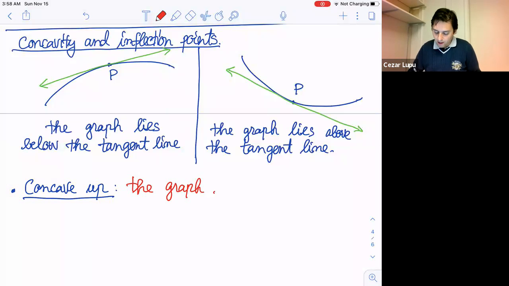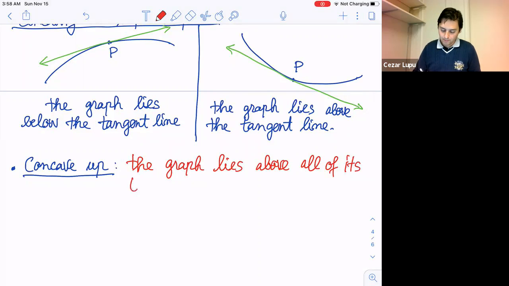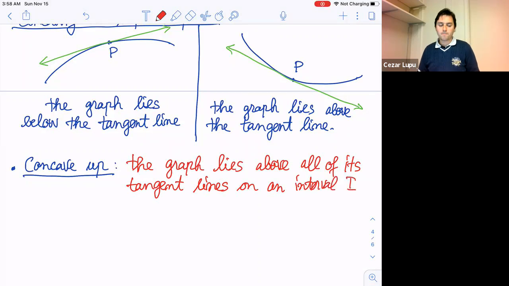So the graph lies above all of its tangent lines on an interval I, right?